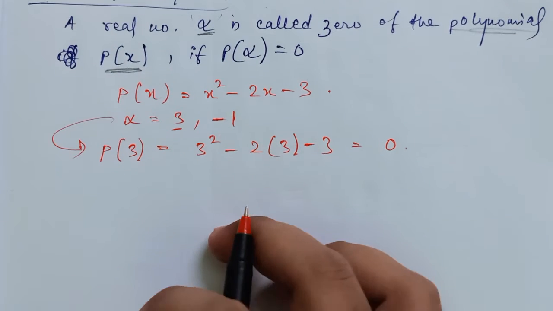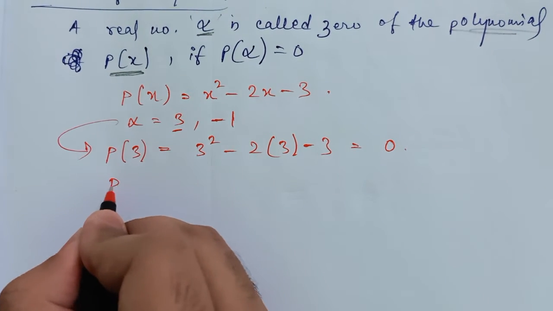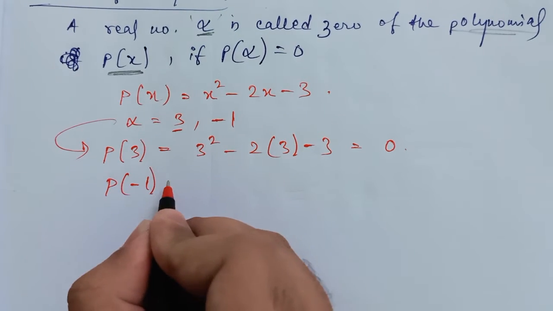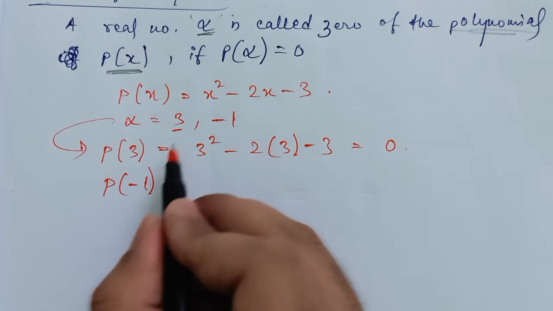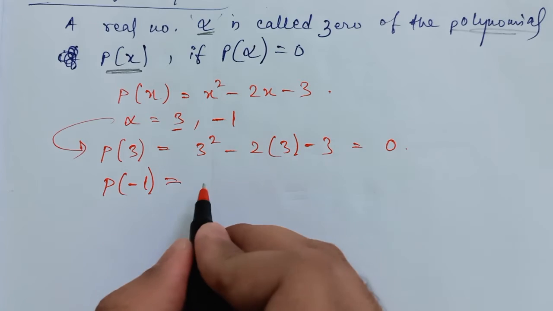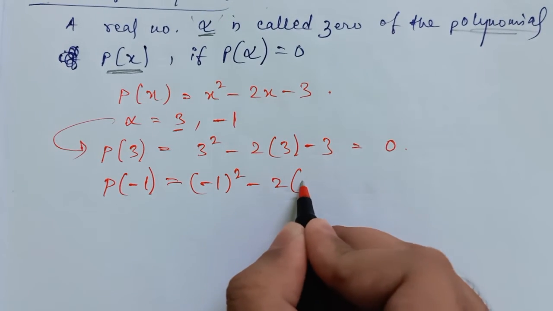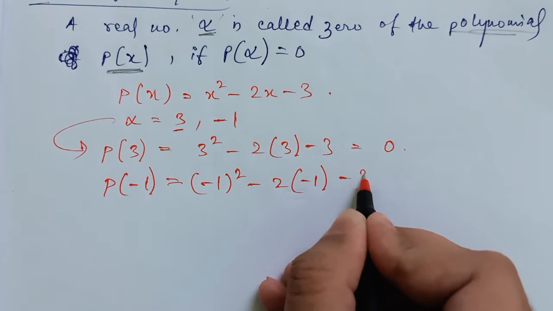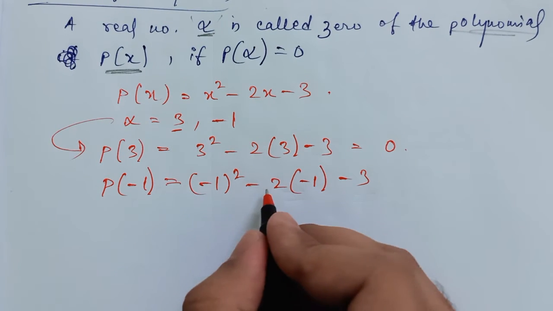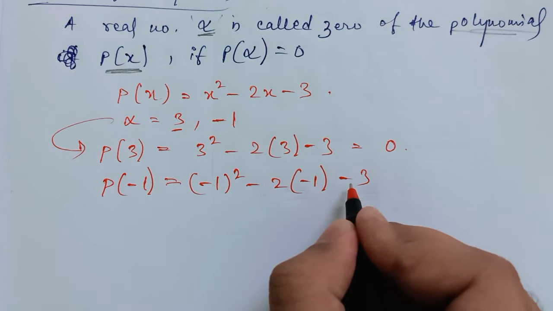Now let's take minus 1 also. I am finding p of minus 1. If I put minus 1 in every place of x, it will be minus 1 whole square minus 2 into minus 1 minus 3. So it's 1 plus 2 minus 3.